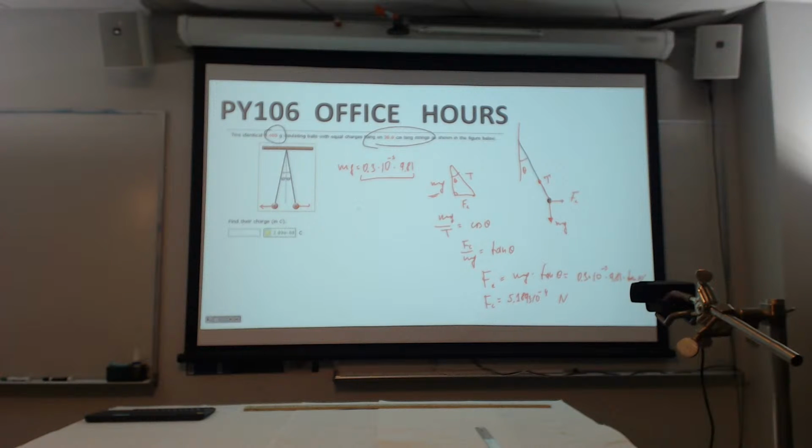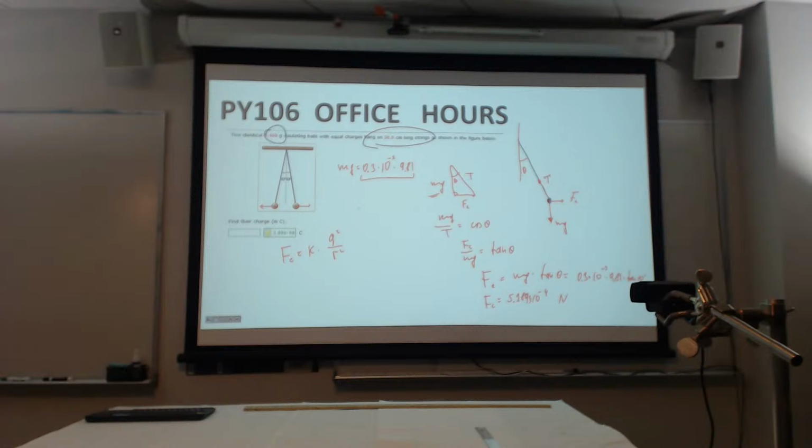Now, what did you do next? So I then set that value equal to k times the charge squared over the distance between the two squared. Exactly. So everything looks correct, and you have to solve it for the charge. And what distance did you use?